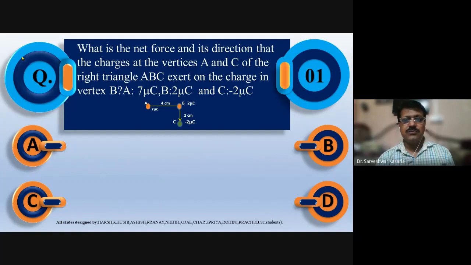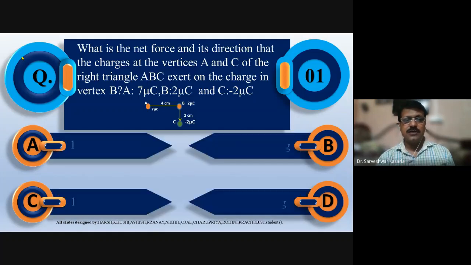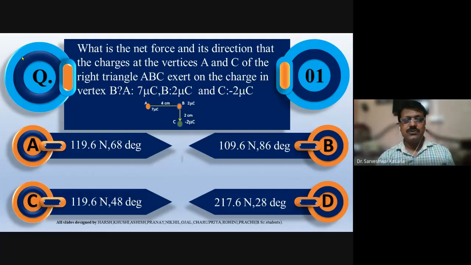Here it is shown as in the diagram. So the distance AB is 4 centimeter and distance BC is 2 centimeters. So let us see what are the options. So your time starts now.